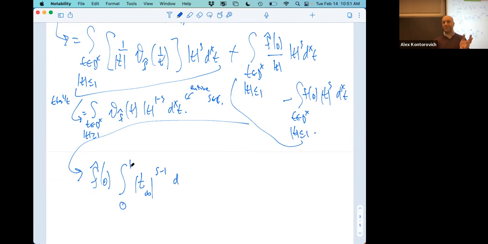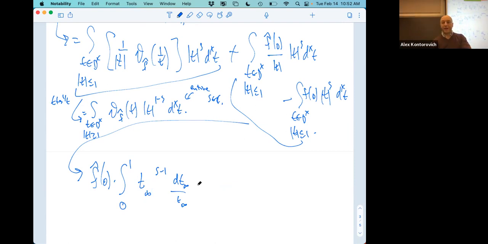So it really is just an integral from 0 to infinity. Thank you very much. t infinity to the s minus 1. This was just a constant that pulled out. d star t infinity here is dt infinity over absolute value of t infinity, although you don't need the absolute value because everything's positive. Same thing here. You don't actually need this absolute value.